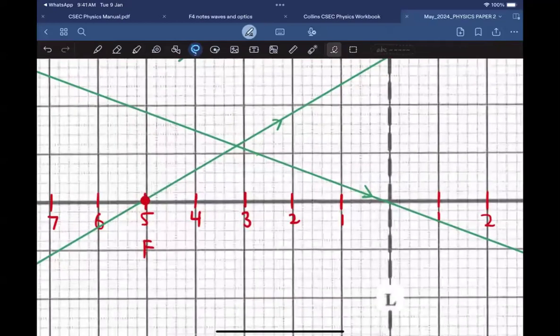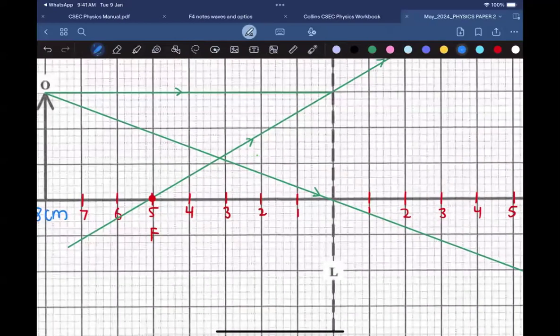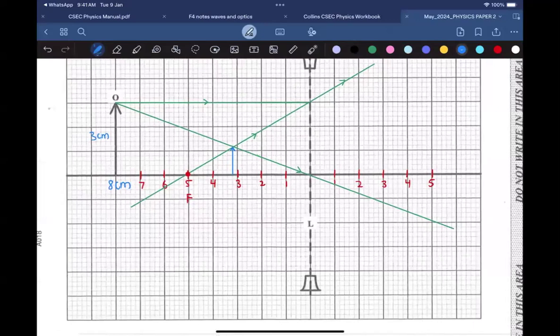Right. So my image is being formed right here. Let me know if you understand that.